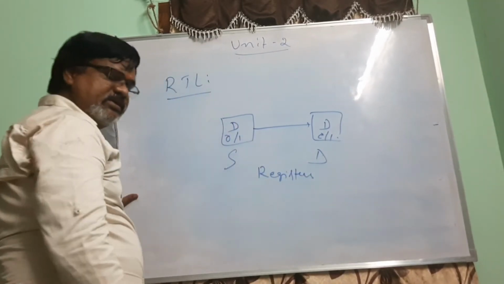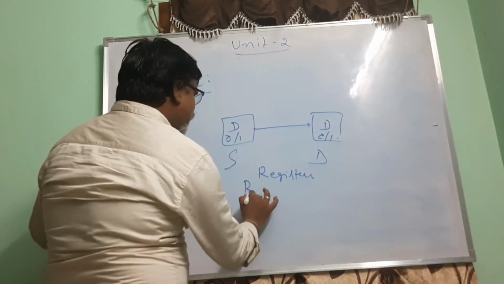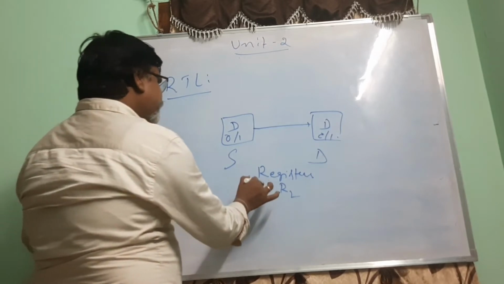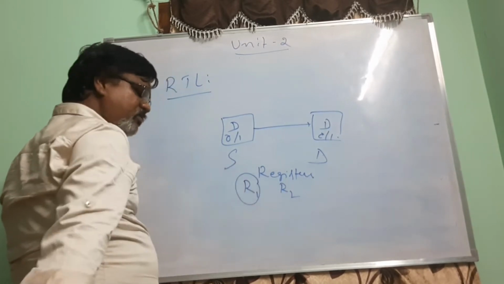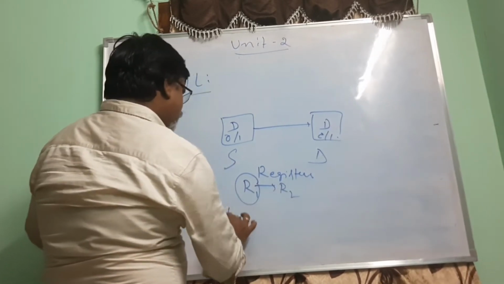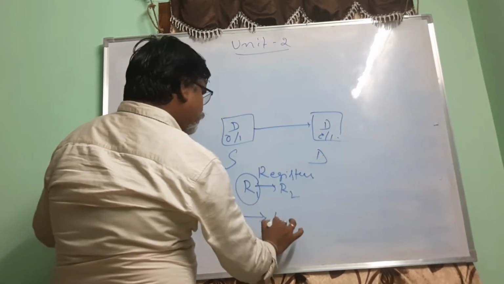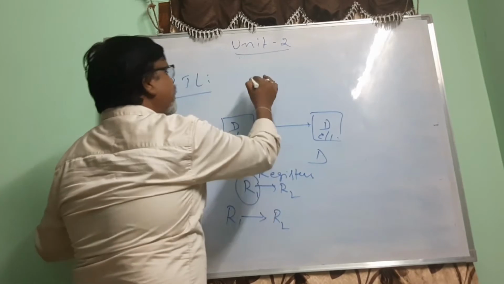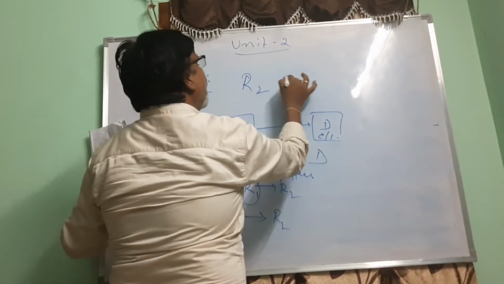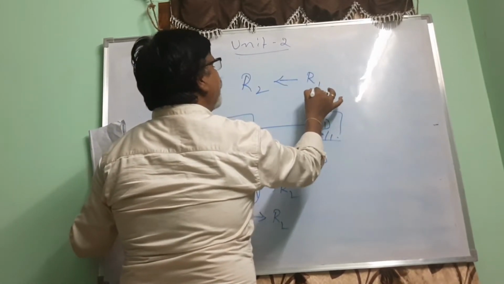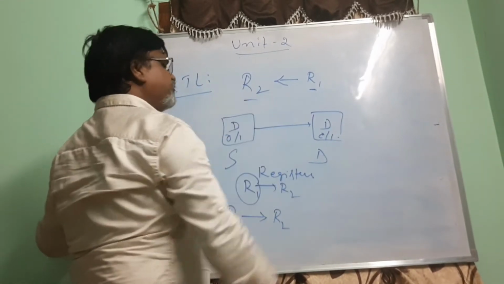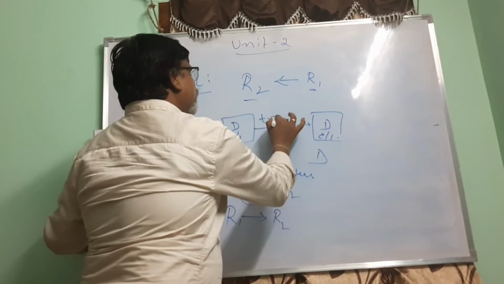Let us assume there are two registers, R1 and R2. Whatever data is there in R1, we have to move to R2. In our general notation, we write R1 to R2, meaning the data available in register R1 is transferred to R2.